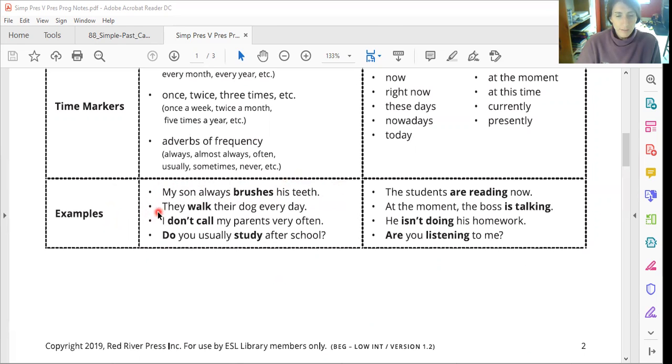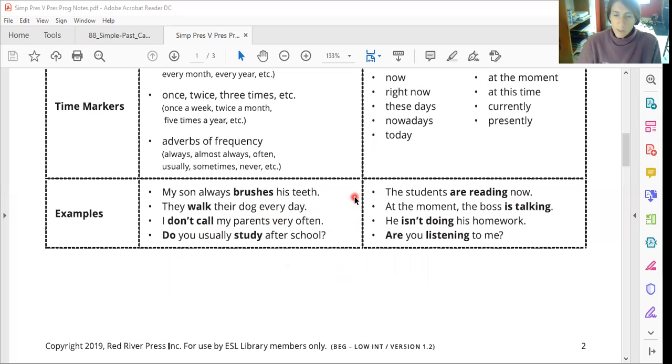Or they walk their dog every day. I don't call my parents very often. Do you usually study after school? You can probably see all the different time markers in these sentences. Always, every day, very often, usually.